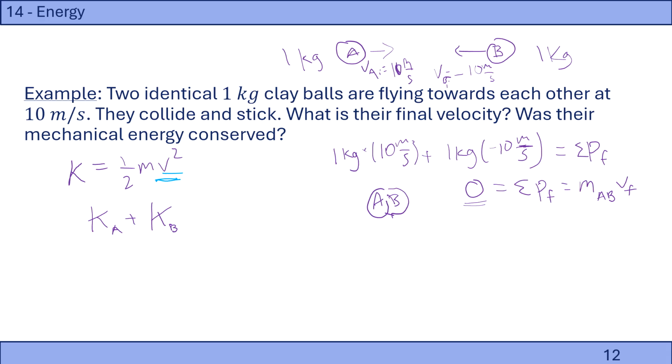And so they both provide 50 joules, in total 100 joules in the initial state. That's K total initial. But in the final state, they're not moving, and so they have no kinetic energy. K final is 0. Not the same as K initial. The mechanical energy was not conserved at all in this case.